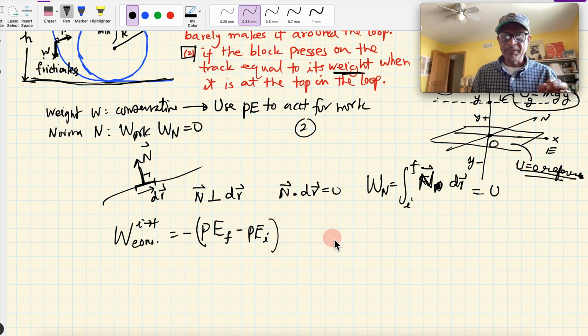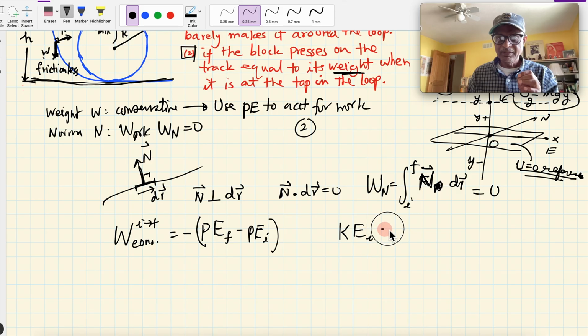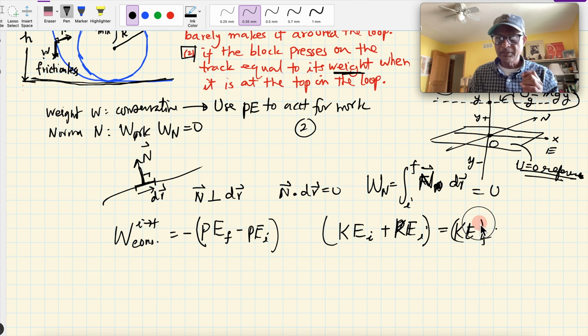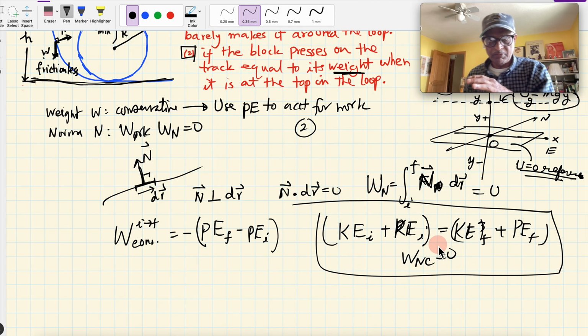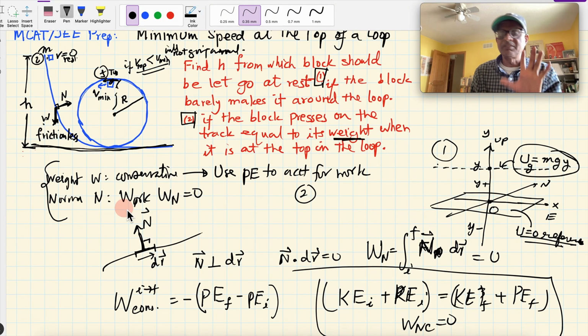That leads to kinetic energy initial plus potential energy initial being equal to kinetic energy final plus potential energy final, because the work by non-conservative forces is 0. So that was the conservation of energy, and it's going to hold here because of this fact.